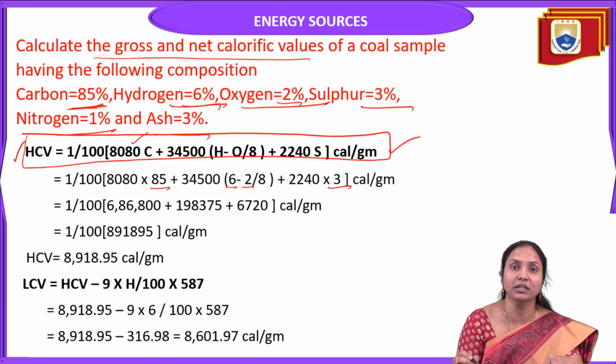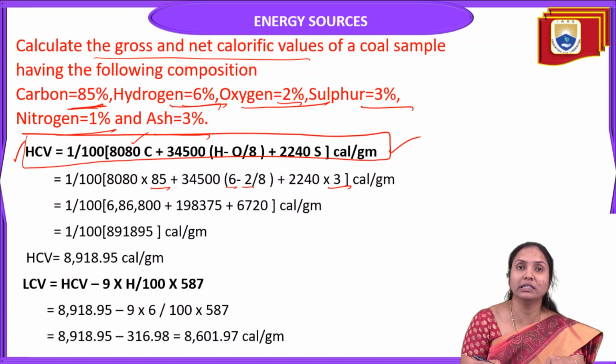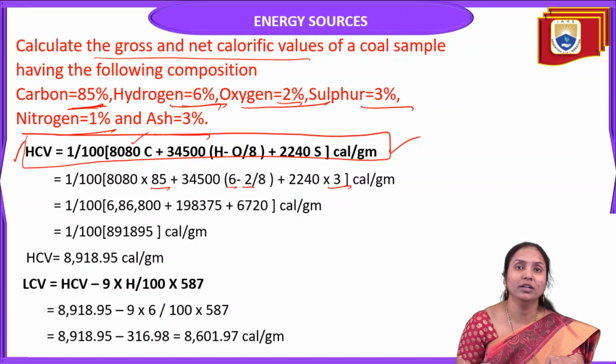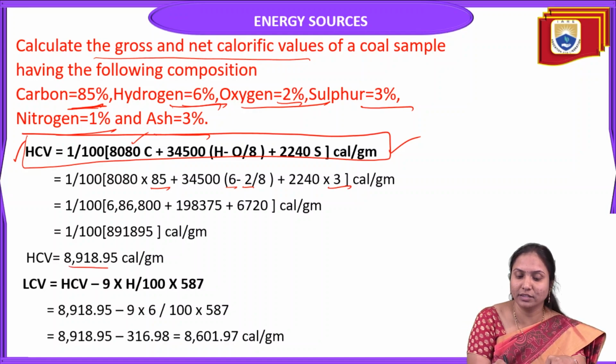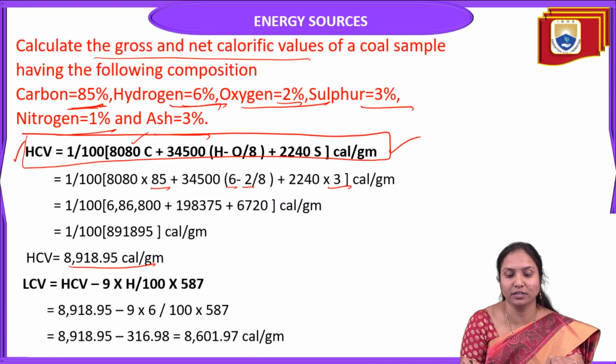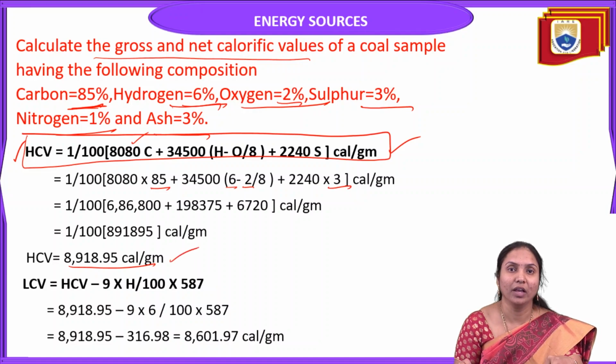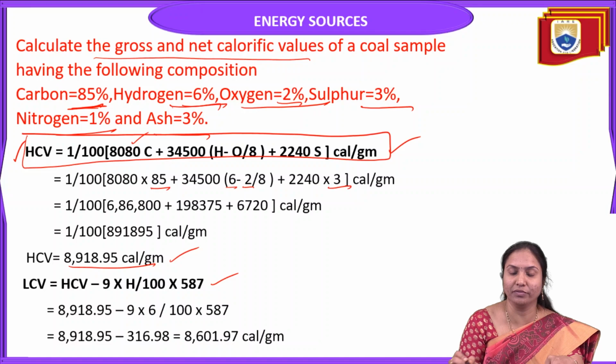The carbon percentage given is 85, the hydrogen percentage is 6, the oxygen percentage is 2, and the sulfur percentage is 3. Substituting all these values in this formula, we can calculate the high calorific value of the fuel. So what is the final answer? 8,918.95 calories per gram.